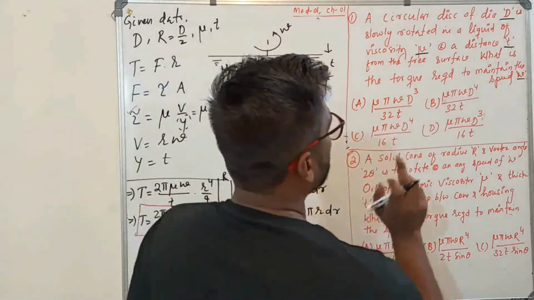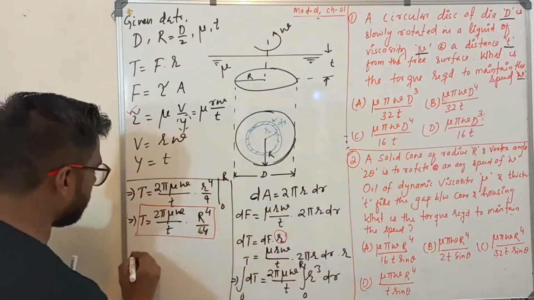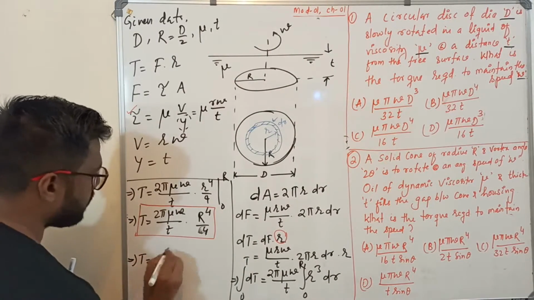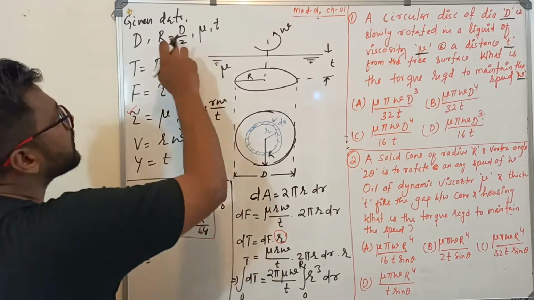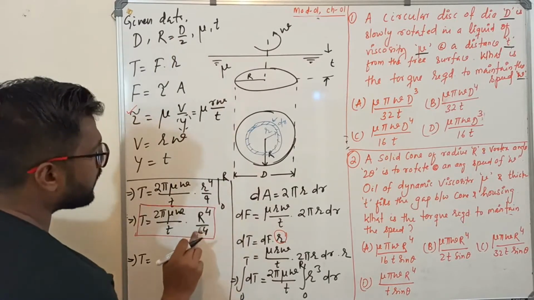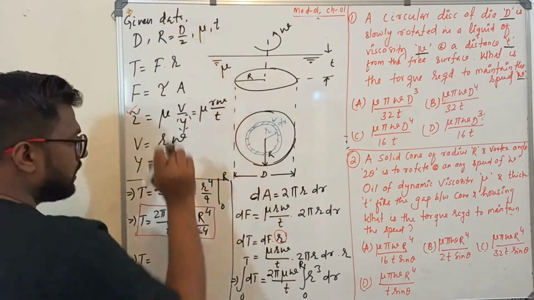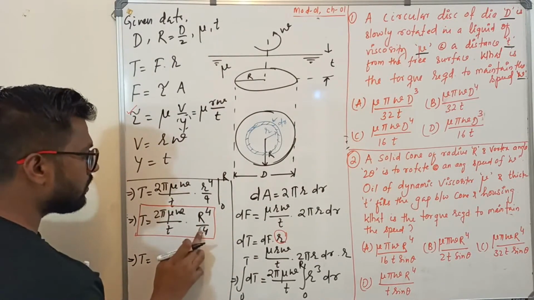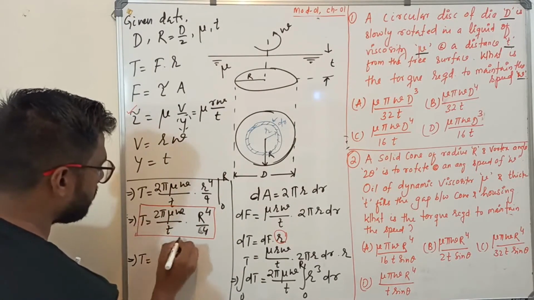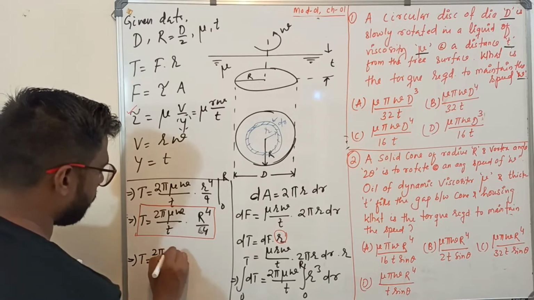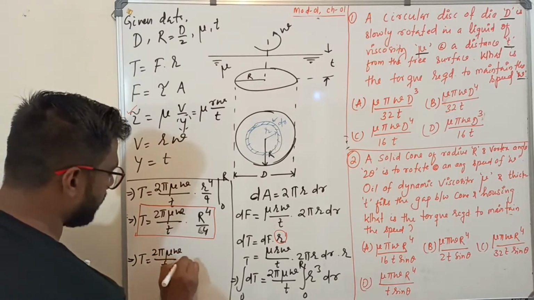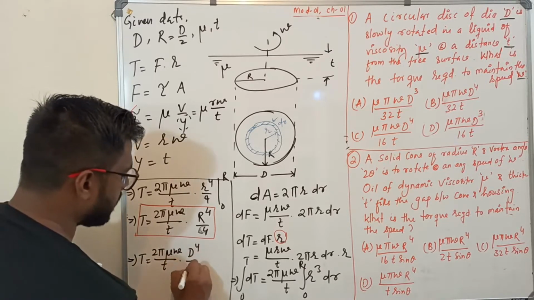Is there an option? The options are in terms of diameter, so we will find the diameter. R is equal to diameter by 2, so R fourth is d fourth by 2 to the power 4. 2 to the power 4 is 16, 16 into 4, 64. So I'll get 2 pi mu omega by t into d fourth by 64.